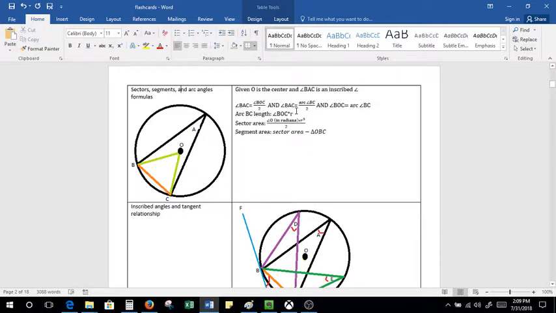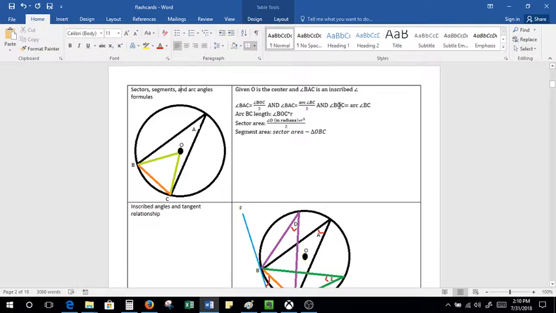And angle BAC is equal to the arc angle BC divided by 2. So if we look at it, we can see it right there.